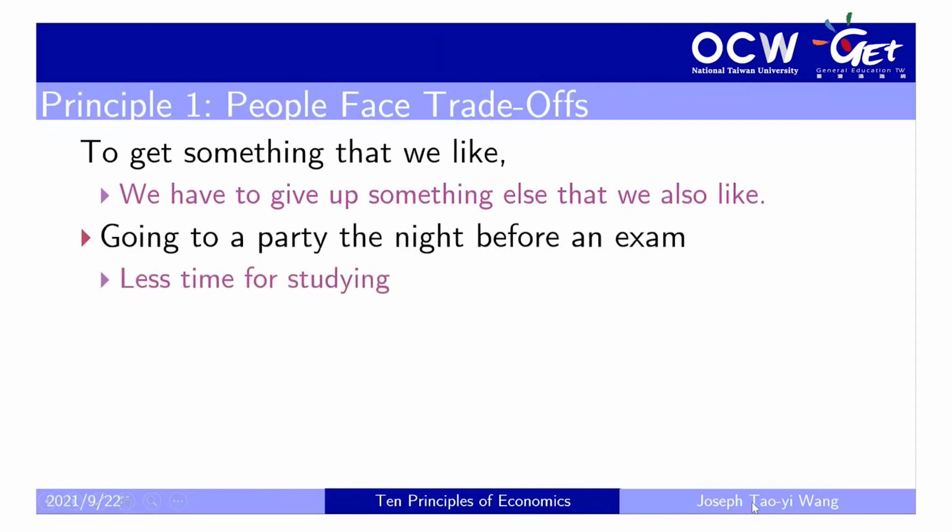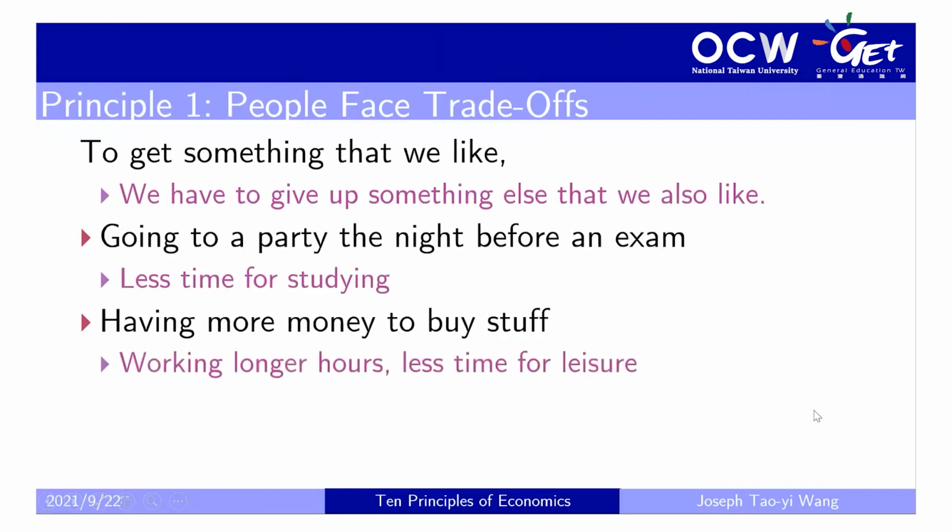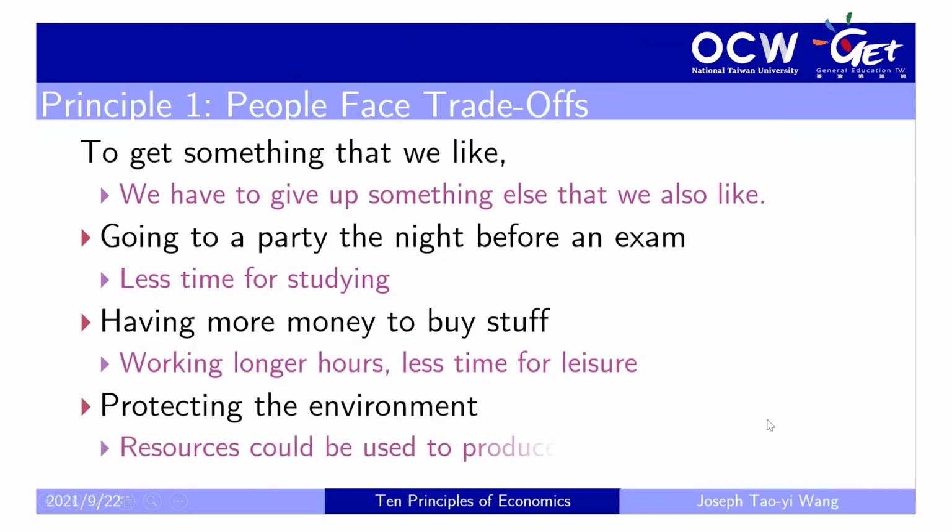Of course, if you go to a party the night before your midterm exam of Principles of Microeconomics, then you have less time to study. And you might have a hangover during the exam, and that would affect your performance. If you want to get more money to buy more stuff, you have to work longer, and so you have less time to enjoy these things. That's also a trade-off. If you want to protect the environment, that means that something has to give.